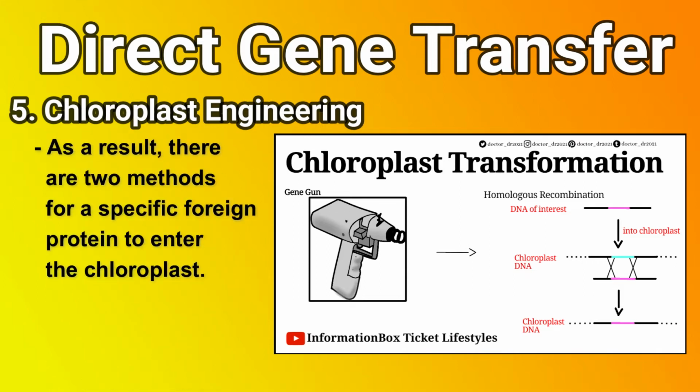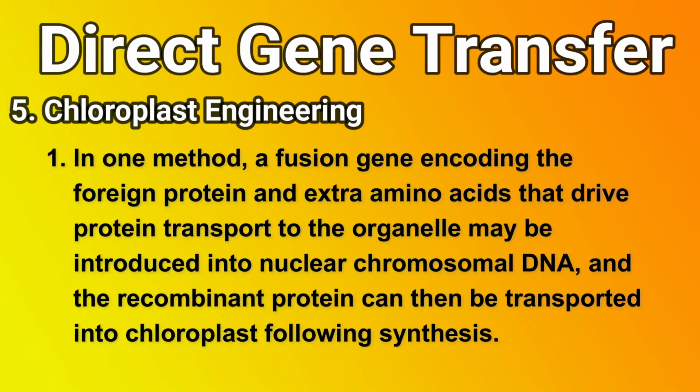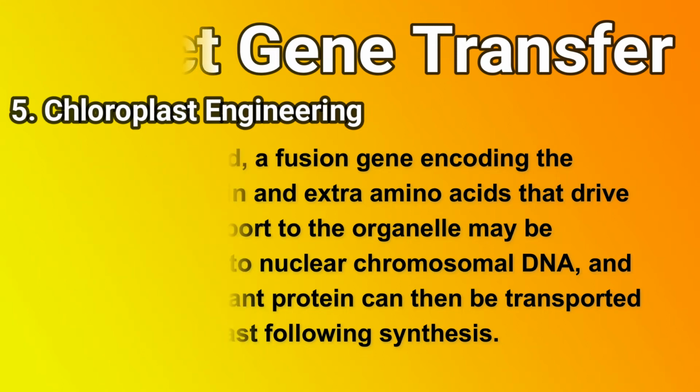As a result, there are two methods for a specific foreign protein to enter the chloroplast. Number 1. A fusion gene encoding the foreign protein and extra amino acids that drive protein transport to the organelle may be introduced into the nuclear chromosomal DNA, and the recombinant protein can then be transported into the chloroplast following synthesis.